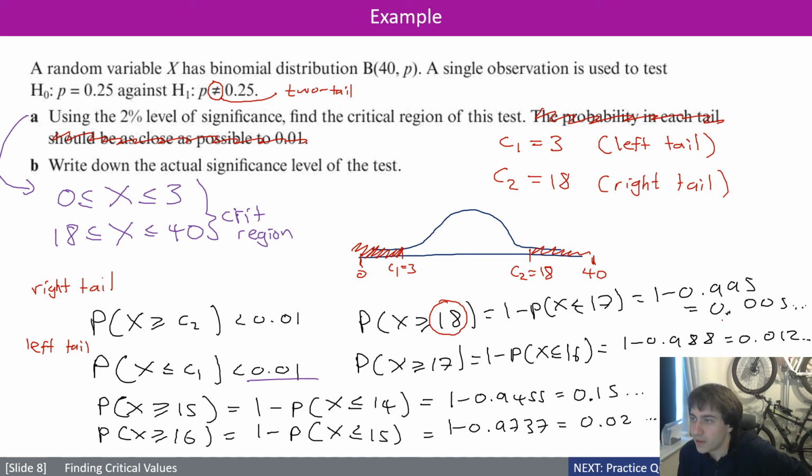Okay, so then before we look at B, if this was a real hypothesis test question, it might then say that the 40 trials were performed and it was observed that there were 2 successes. So then you would say, oh, 2 is within the critical region, I go with H1.